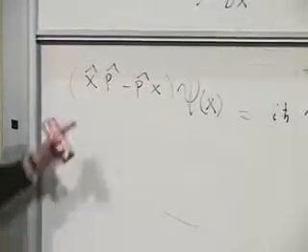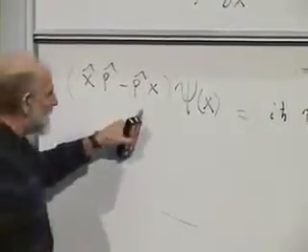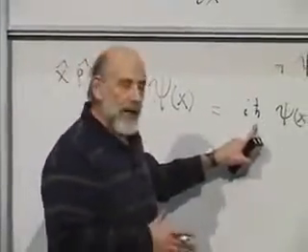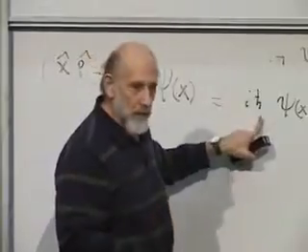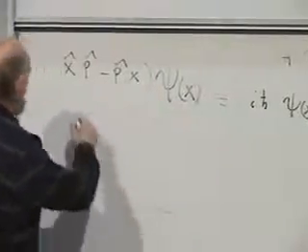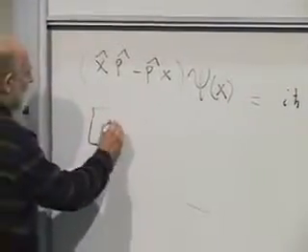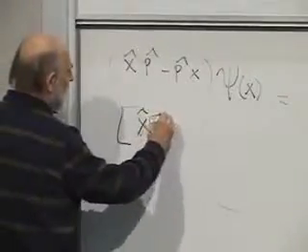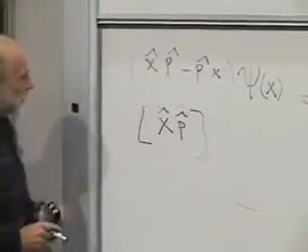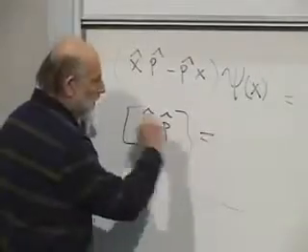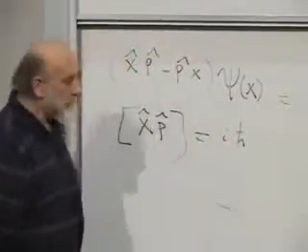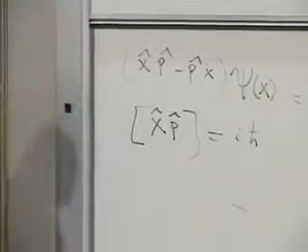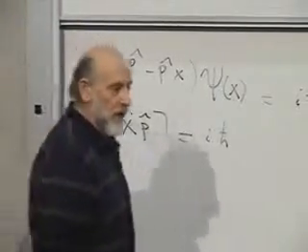In other words, this thing does exactly the same thing as multiplication by a simple complex number, i h bar. One writes this by saying that the commutator of x and p, xp minus px, is equal to multiplication by the number i h bar. xp minus px is i h bar.